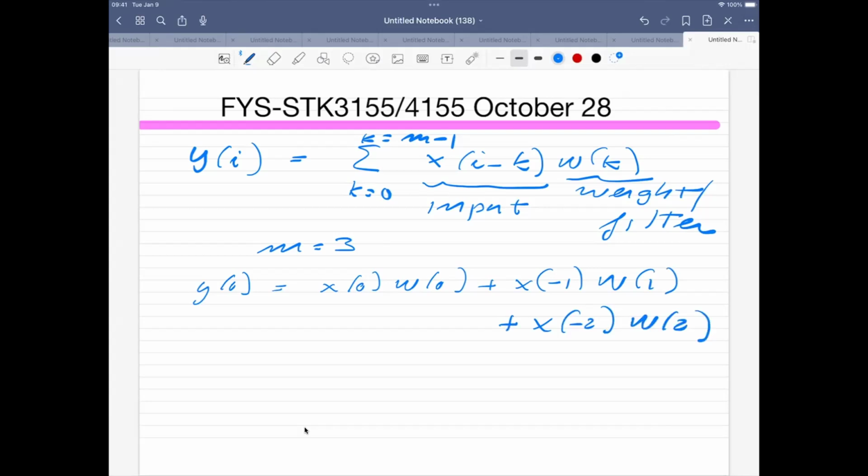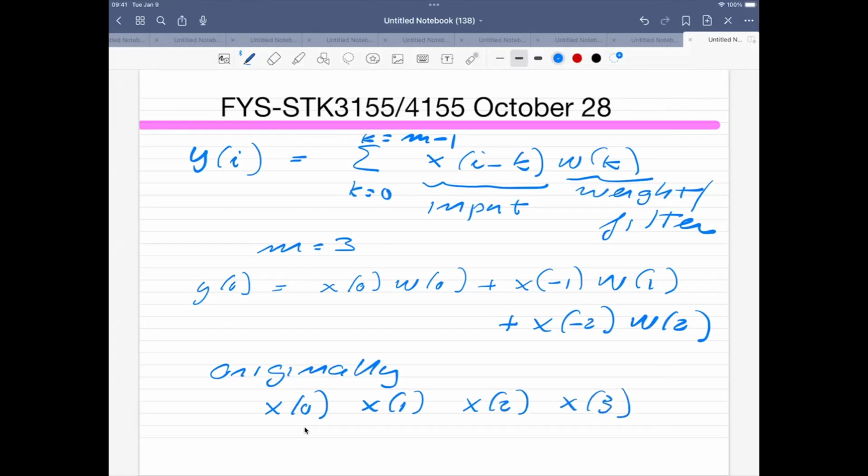Now, the only parameters which I had originally were x0, x1, x2, and x3.